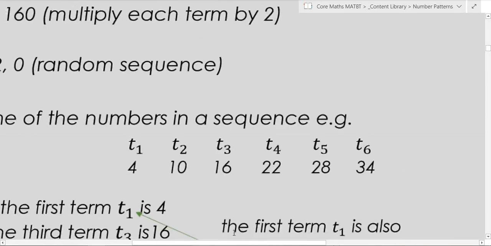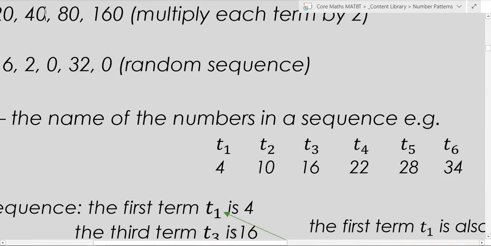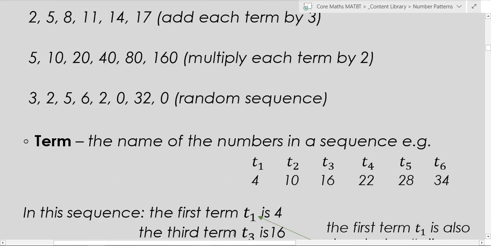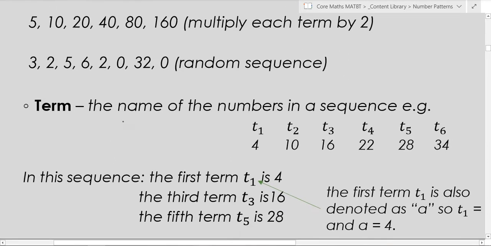Term: a term is basically the name that you give to a number in a sequence. If you look at a sequence, it's normally given to you in order, and each term is labeled. The first number is term 1, the second number is term 2, the third number is term 3, term 4, term 5, term 6.